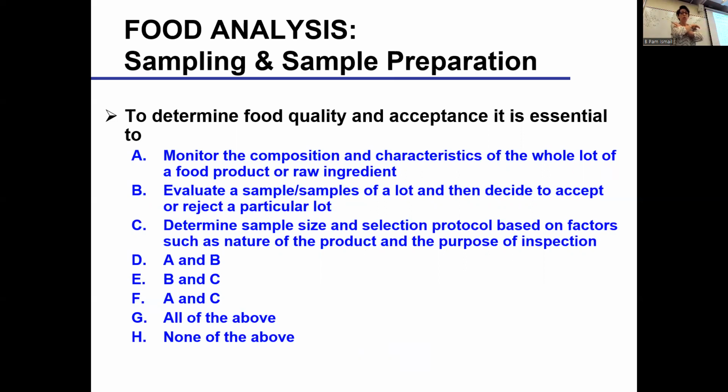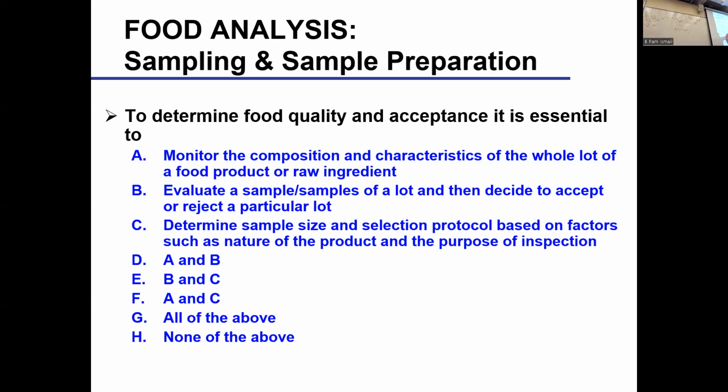So you need to do testing on the whole lot. B, evaluate a sample or a set of samples from a lot, then decide to accept or reject a particular lot. So sometimes you have to kind of reject a whole lot and throw it away if there is a risk to the consumer or a risk to your reputation as a producer.